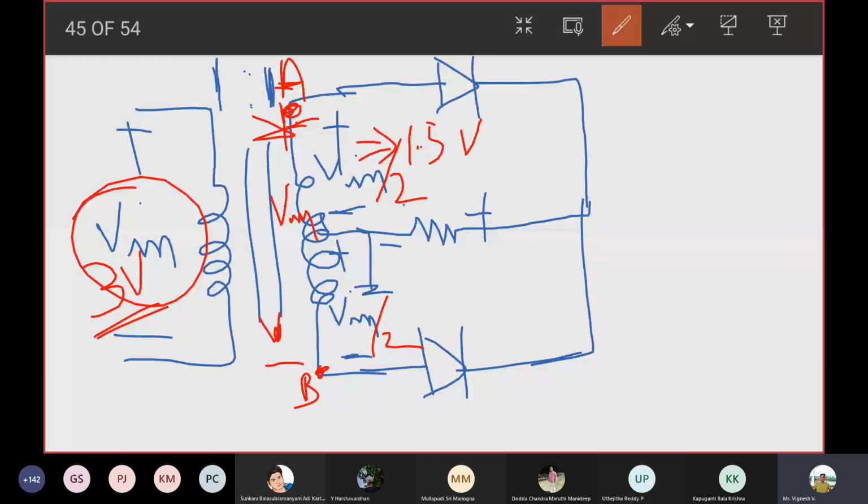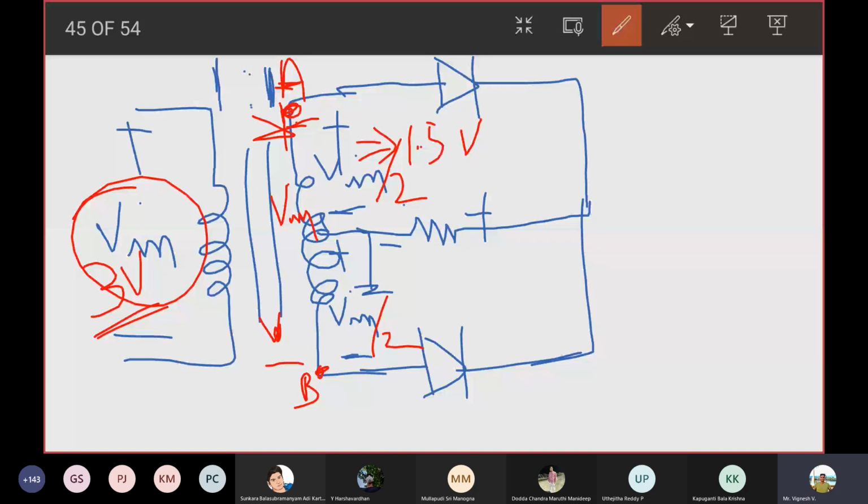Why do you get better PIV? Because whatever input you apply at the primary coil of the transformer, you get the same input at the secondary coil if the turns ratio is 1:1. Let us not step up or step down the transformer. If the voltage is exactly the same, then you get the same input voltage, which means your PIV would be VM.